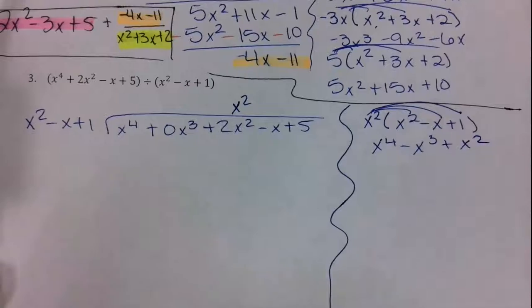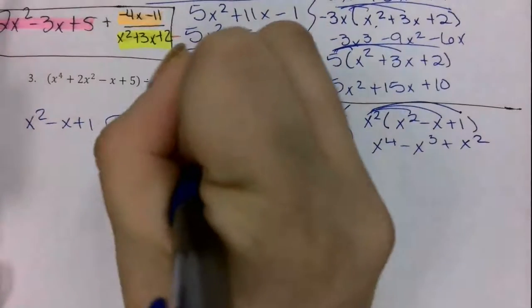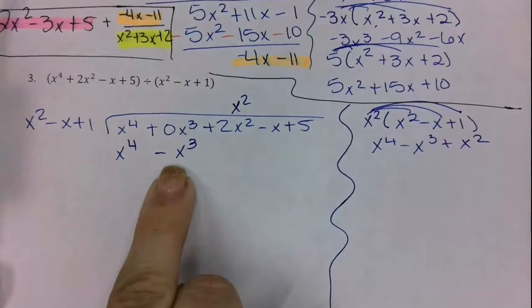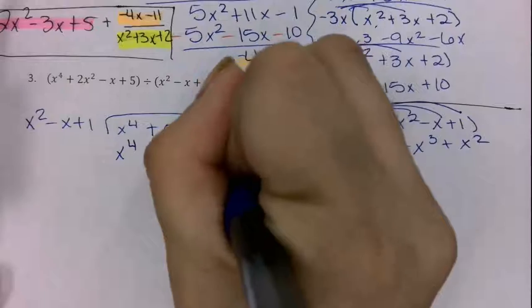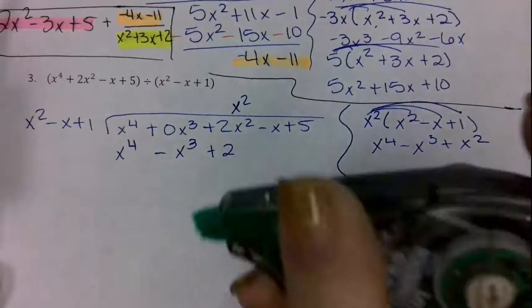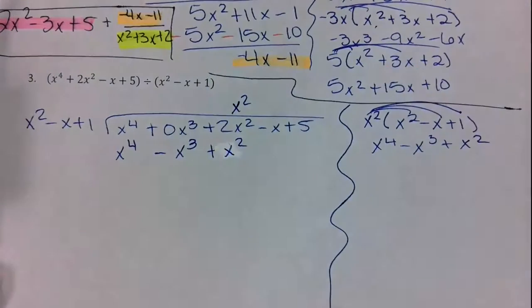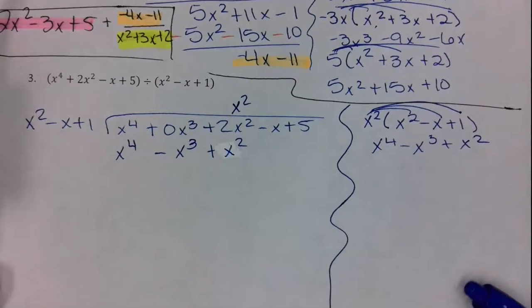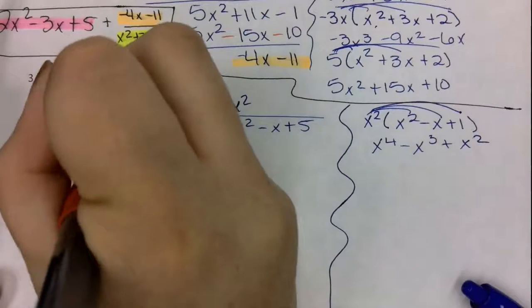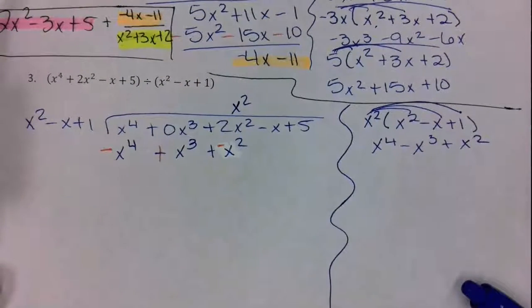So this is another reason why I would want to go and put the 0 as the placeholder, because when I go to add, I need to put something with my x cubed. Do I do it just like I wrote the signs? No, all of them need to change. So this is going to turn negative, this one's going to turn positive, and this one's going to turn negative.